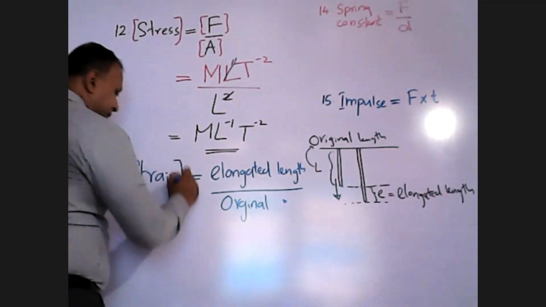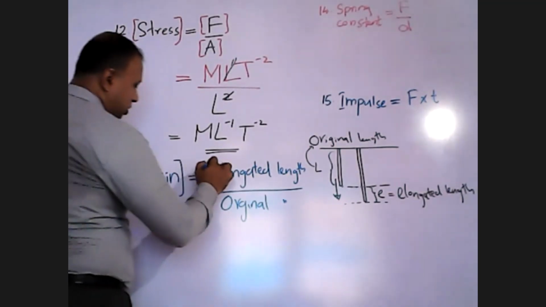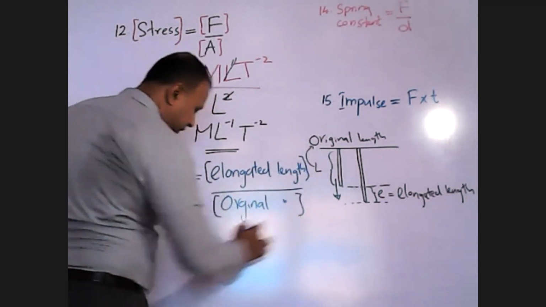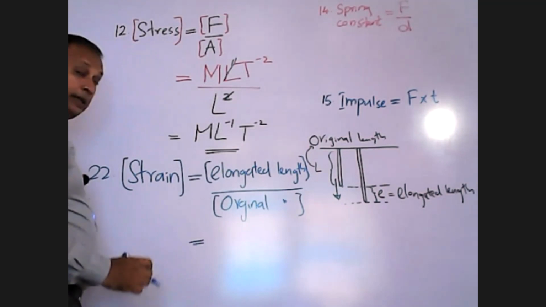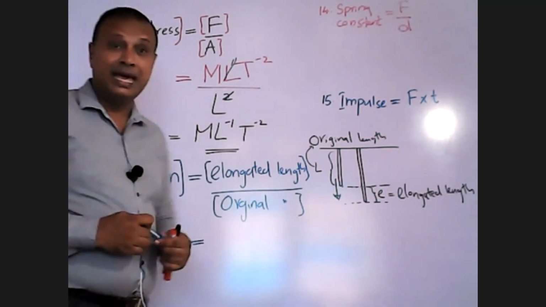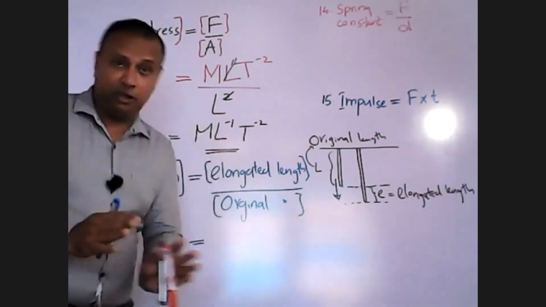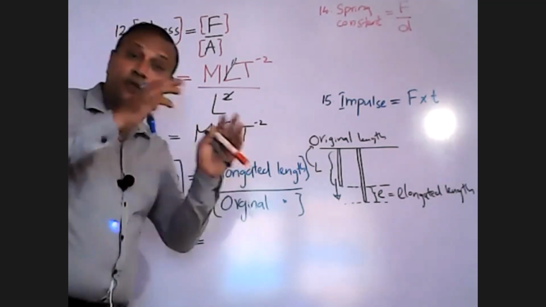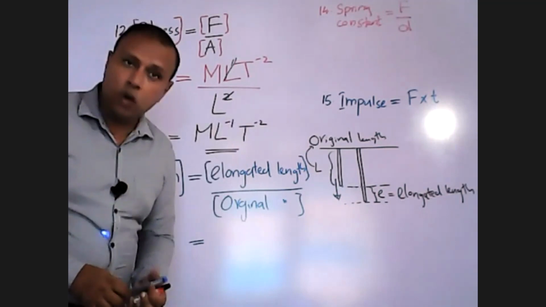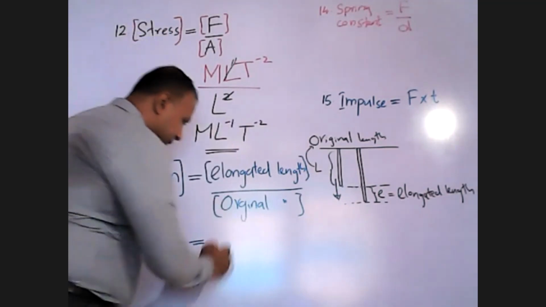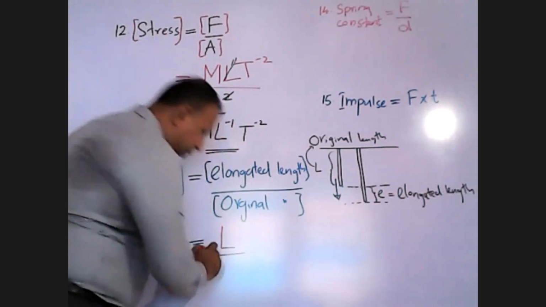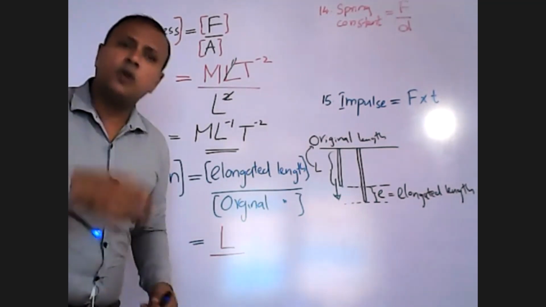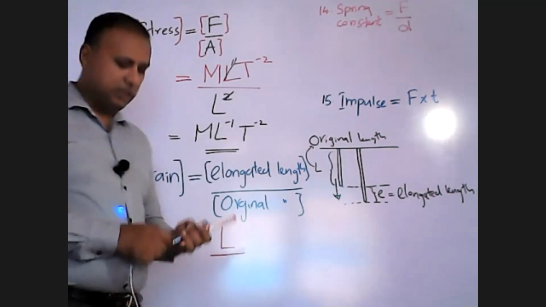So the dimension of strain is equal to the elongated length over original length. Elongated length is a length. So the dimension of a length is equal to capital L, and the original length is also a length.